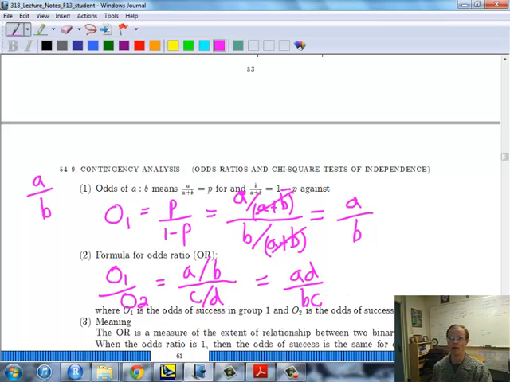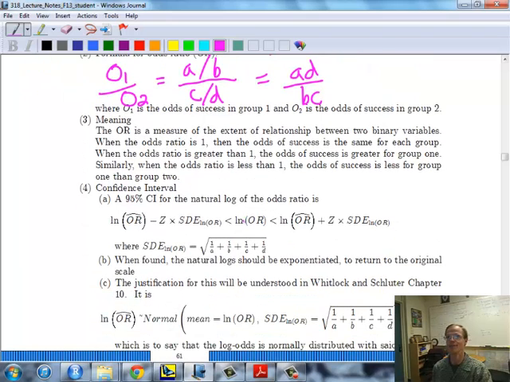And that's another form of the odds ratio. Now, meaning. I've got a little write-up here. If we call the odds ratio OR, as we will do, then some different possibilities here: if it equals 1, then that's going to be the same in all the groups.